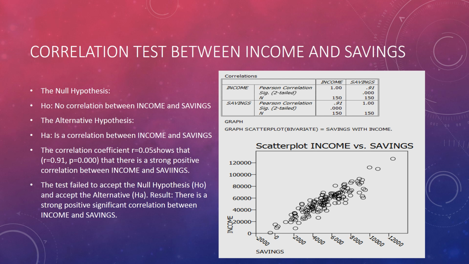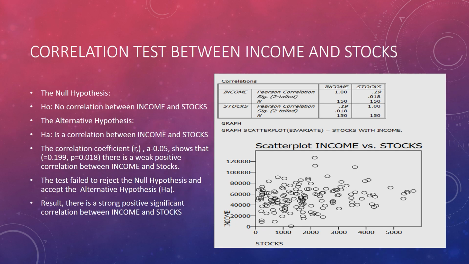The test rejected the null hypothesis and accepted the alternative hypothesis. The result is there is a strong positive significant correlation between income and savings, as shown on the diagram to the right.